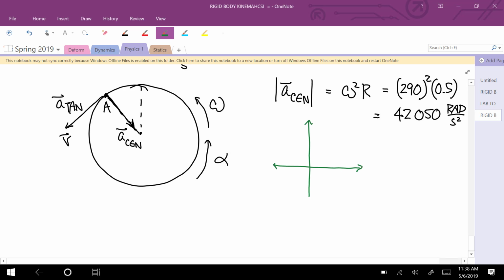Well, we know that a vector going this way is 111 point whatever we had before, and a vector going this way is 90 degrees from that, and then the vector we want is 90 degrees from that.